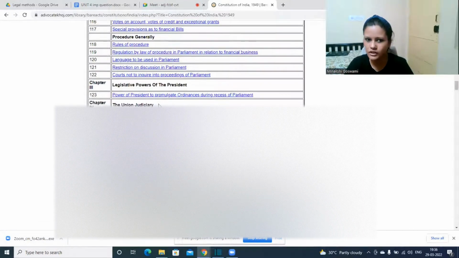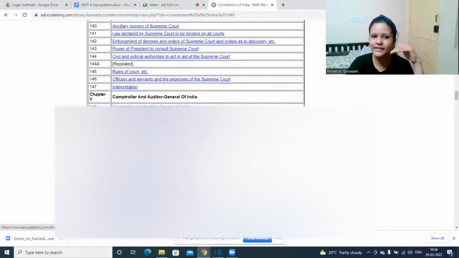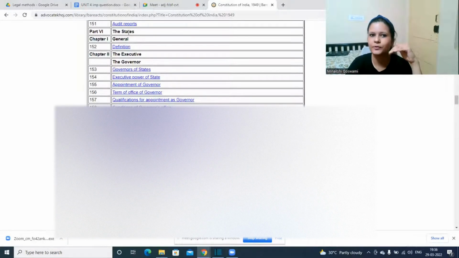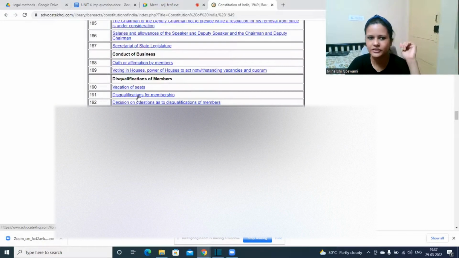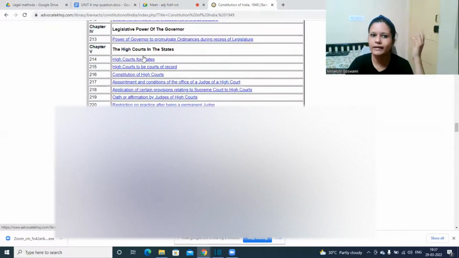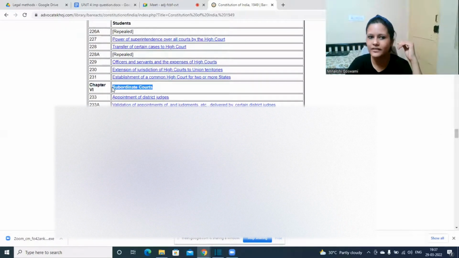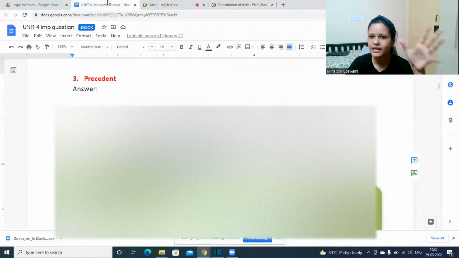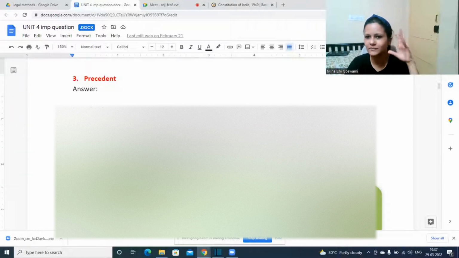When we talk about judiciary, it makes provisions relating to the Supreme Court. In the same way, in Part 6, we have provisions relating to the state. Again, we have executive, legislature, as well as judiciary, which includes high courts as well as subordinate courts, like the list of the hierarchy of courts in India that we saw in the other class. This hierarchy we get under the Constitution of India, which mentions everything in detail.